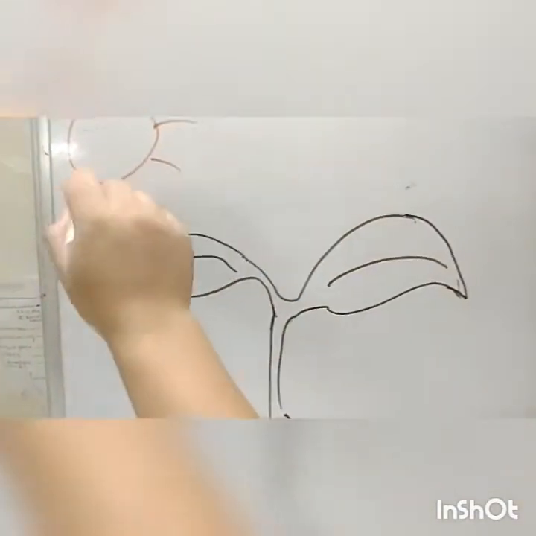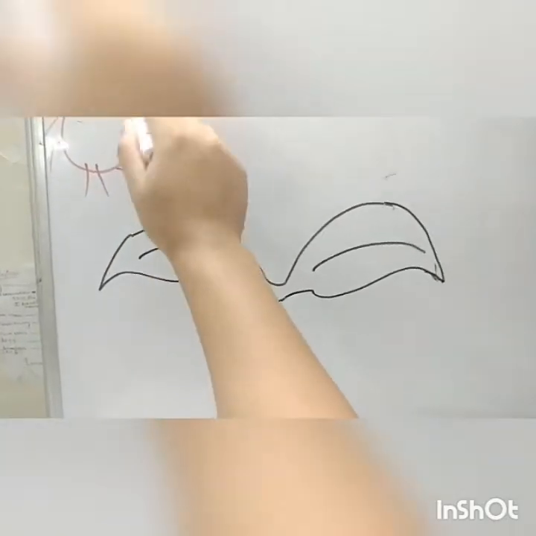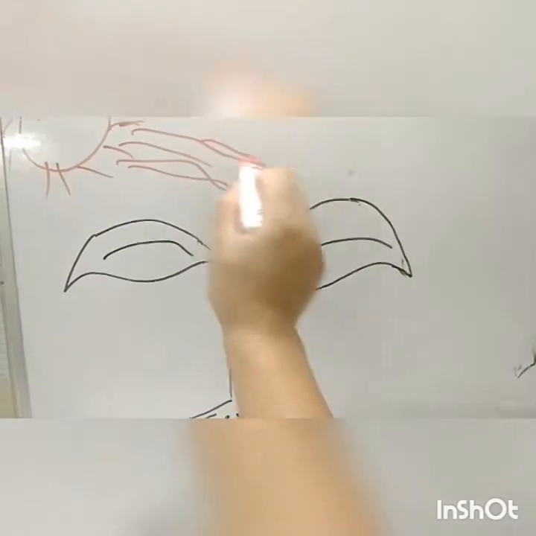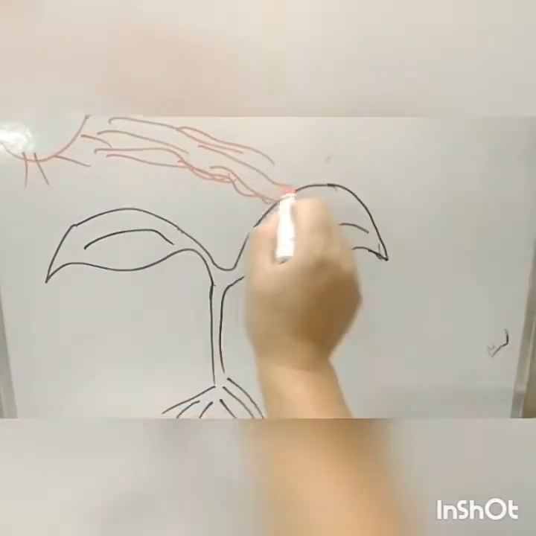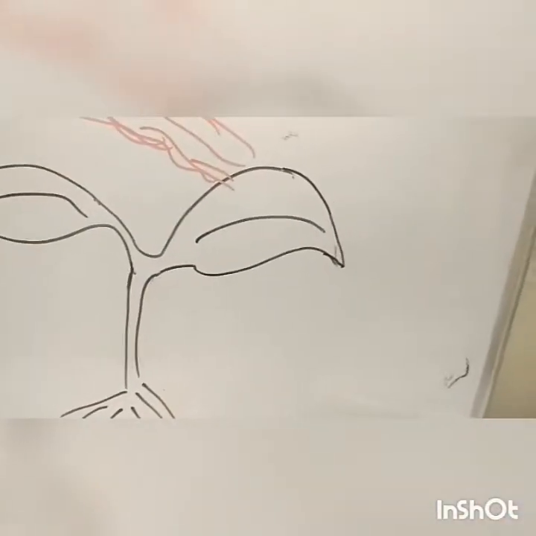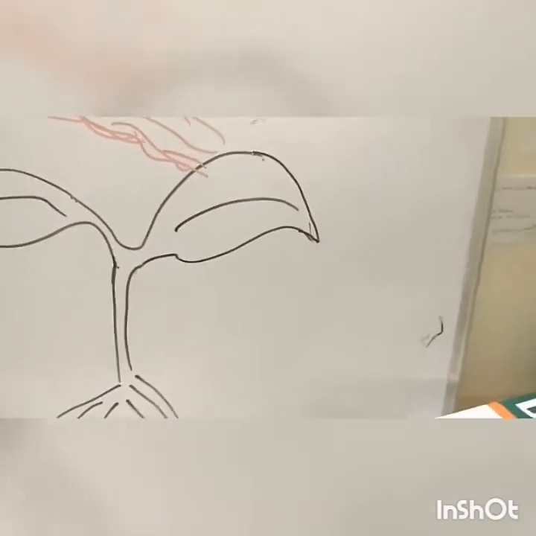When the sun emits light, the sun rays, the light energy falls on the plant leaves, right? And because of this falling, there's a splitting of molecules, right?